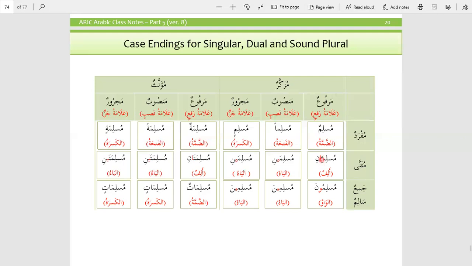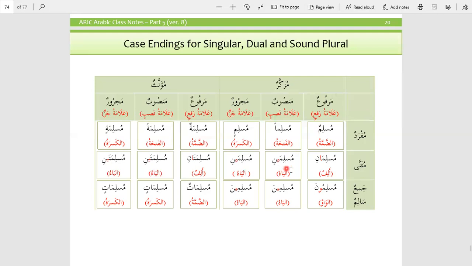This alif is the sign for the duo, or mutanna. We say mutanna, we say duo, or the sign for two men. And when you see alif, know this is marfu'un. It's in marfu'un case. And what is the sign here? It is alif. We mentioned that. And this is marfu'un.